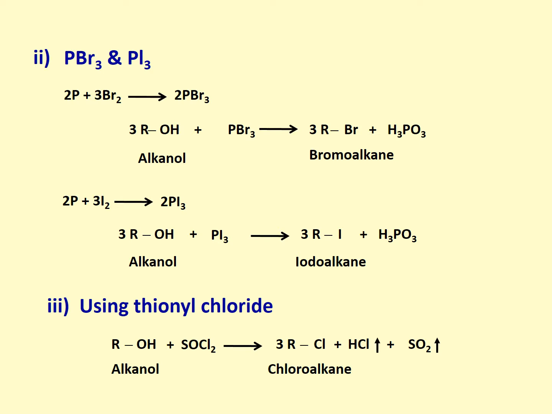The byproducts HCl and SO2 are gases, so they escape to the surroundings, leaving behind chloroalkane in the reaction vessel. Thus, alkyl chlorides are obtained in the pure form. No extra efforts are required for separation. Therefore, this is the best method for the preparation of alkyl chlorides.